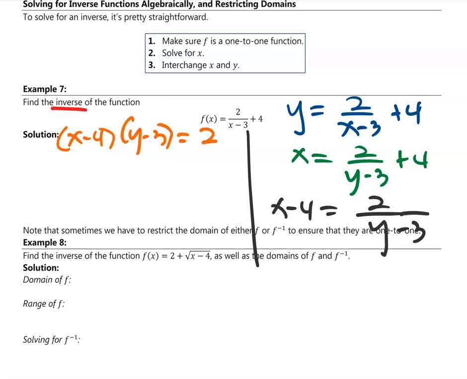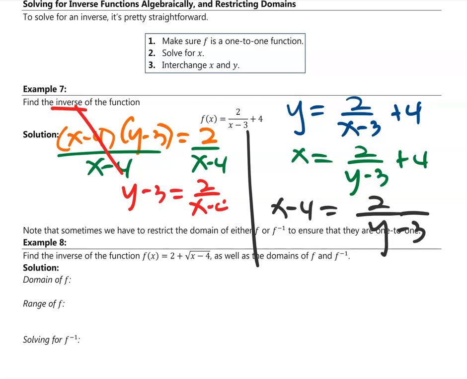And then I can divide this by x minus 4. So this is y minus 3 is equal to 2 over x minus 4. And then add 3, so you add 3 to both sides.